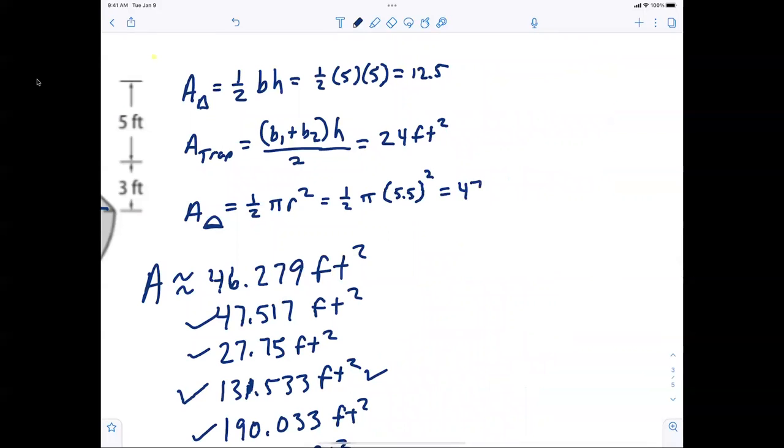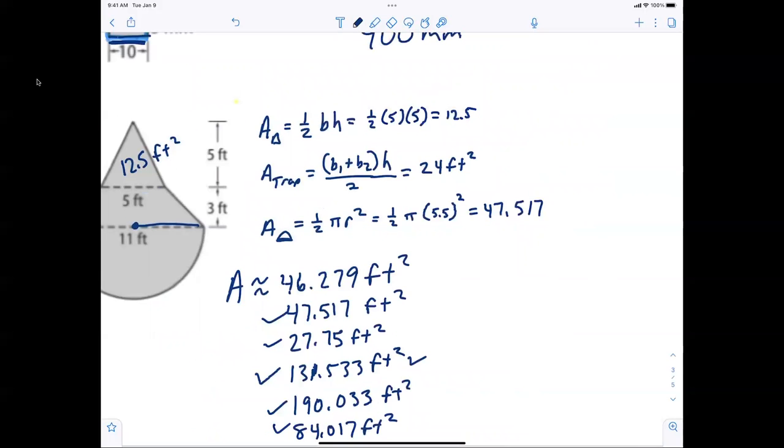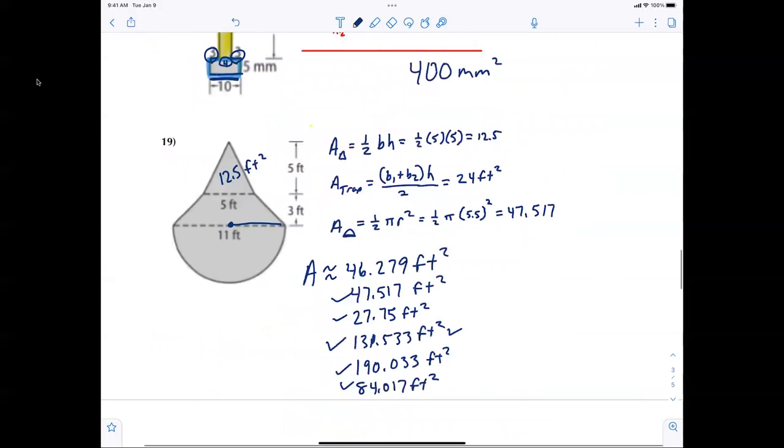47.517. Is everybody okay with 47.517? All right. So now the total area, if I ask for the whole figure, would be to just add those up. Tell me what that added up to. 84.017.